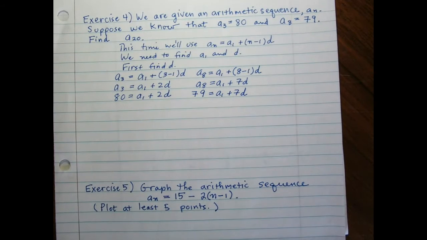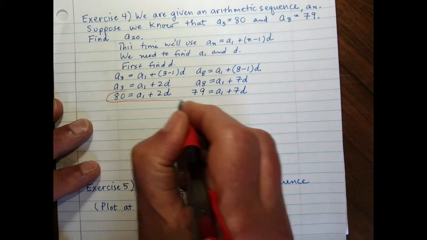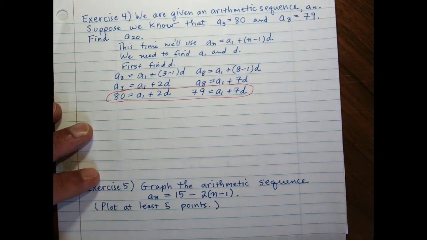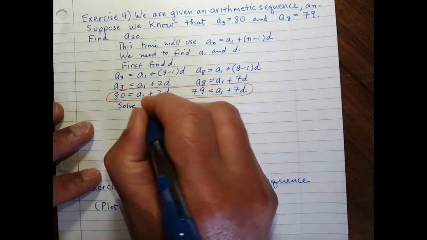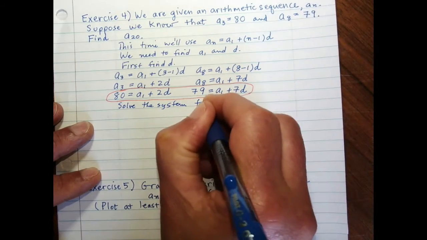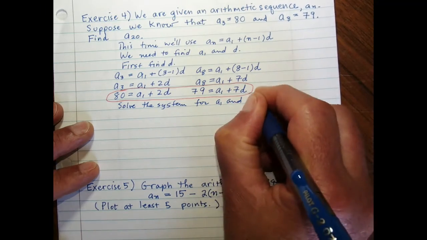So I plugged into that general formula twice here, and what I actually have is a system of equations. I have two equations and two variables, so solve the system for a sub 1 and d.